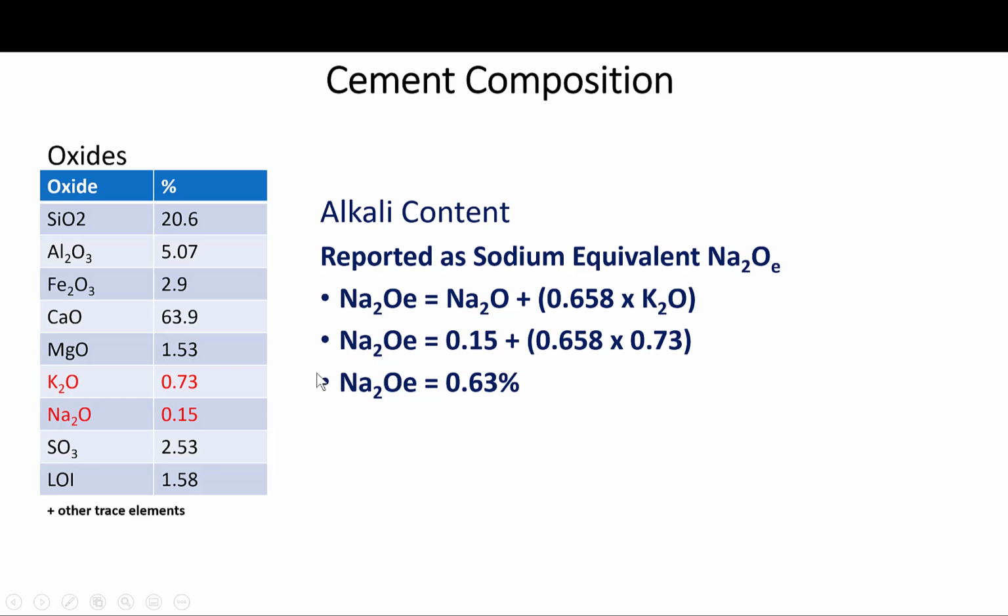So this is how it's reported. And again, this is significant in many cases, especially when there is a potential for alkali-silica reaction, and other issues, as I said, like the internal sulfate attack and other stuff that is beyond the scope of this class.